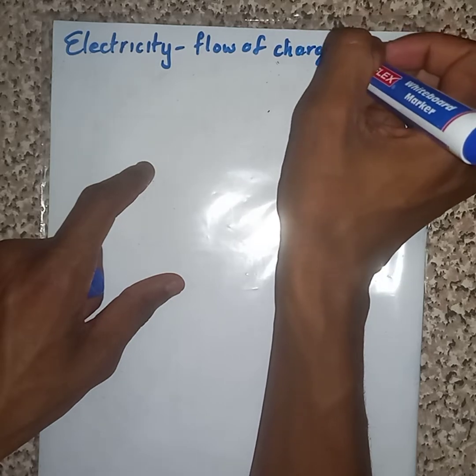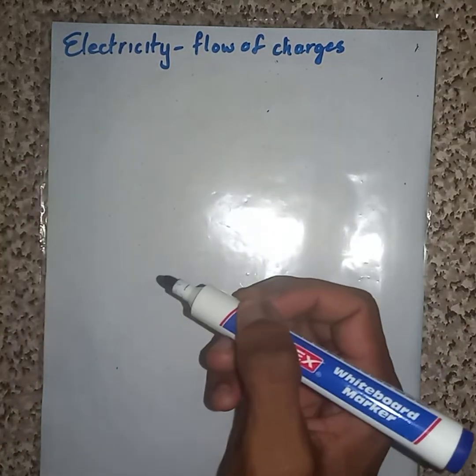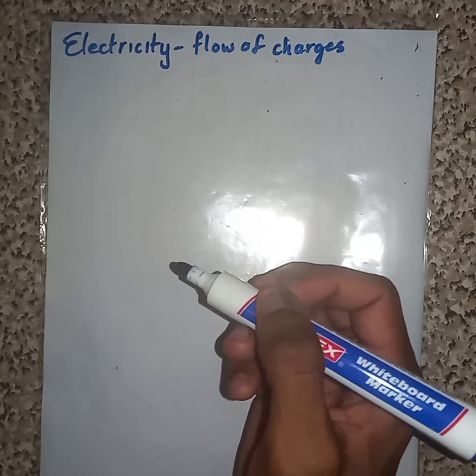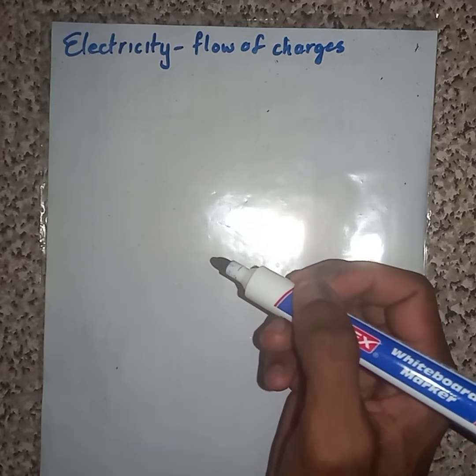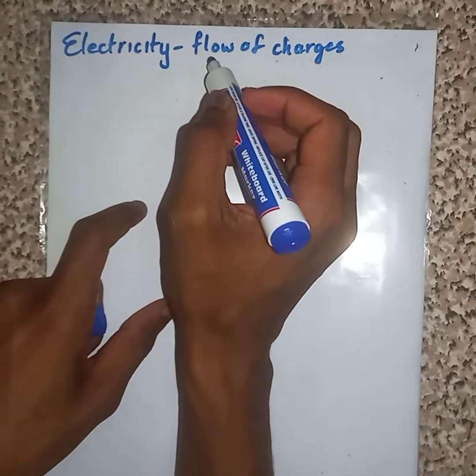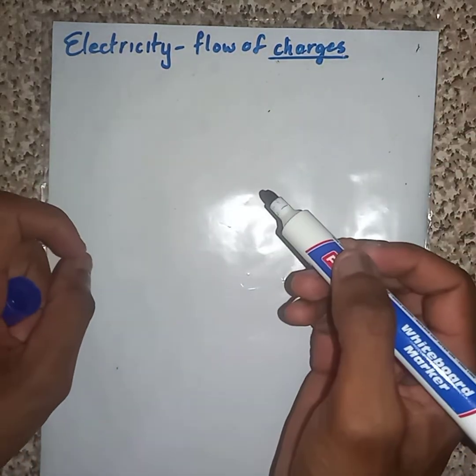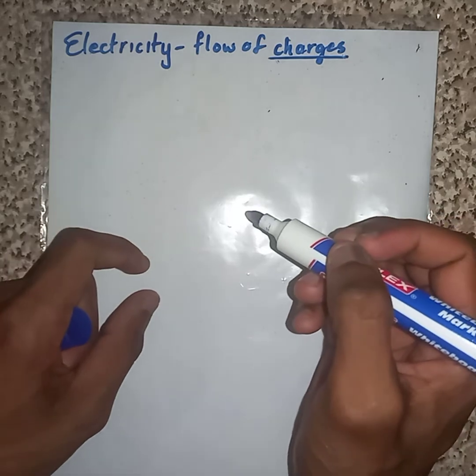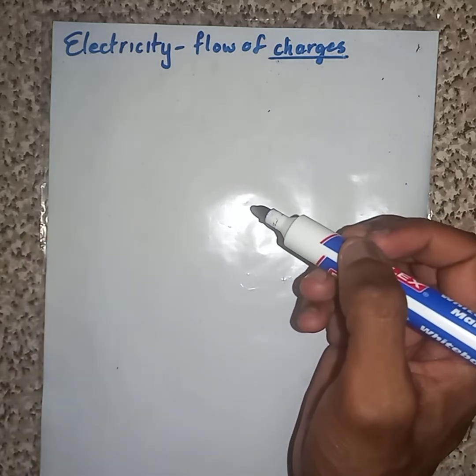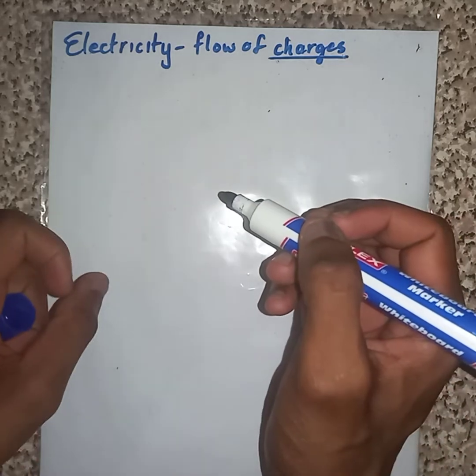This is just the simple definition of electricity. Now we know that electricity is the flow of charges, typically the negative charges, which are electrons, the flow of electrons somehow.